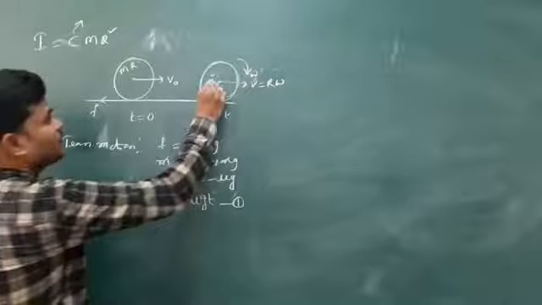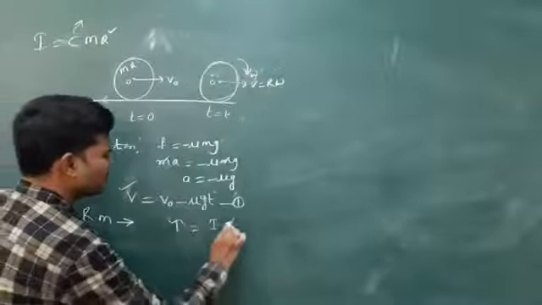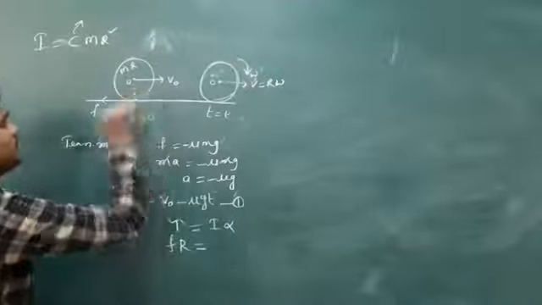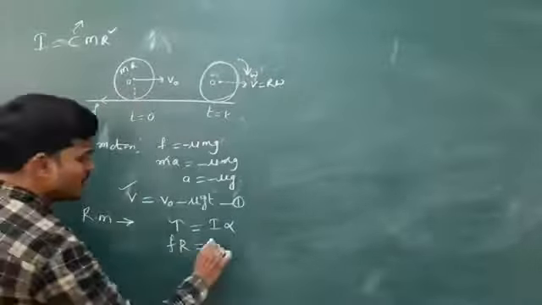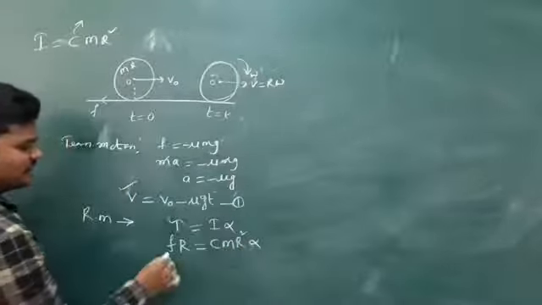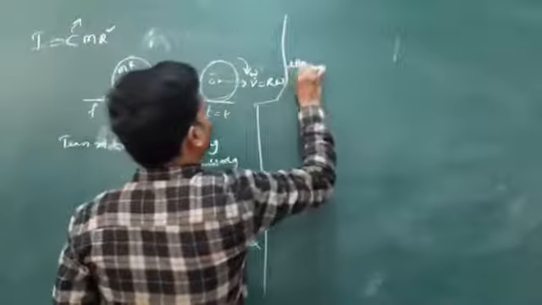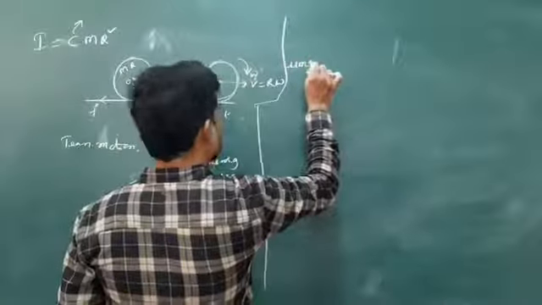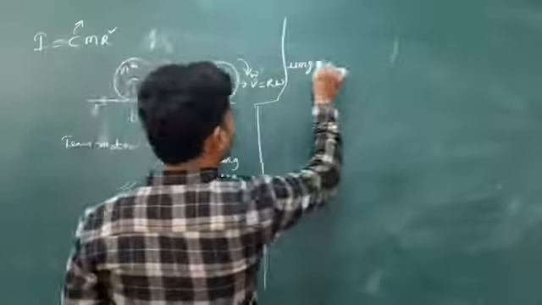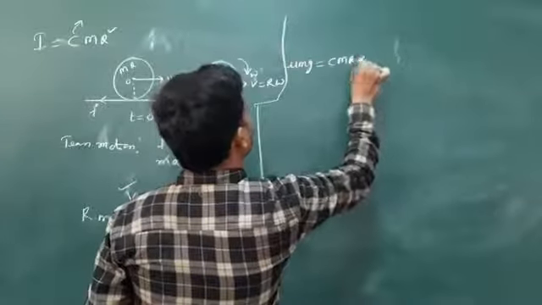Take the torque about the point. So taking torque about O, torque we can write as I into alpha, tau is nothing but frictional force into radius. About this point O, I is, according to the given question, CMR squared times alpha, and this F you can write as mu mg, times r. The r you can strike off, so mu mg equals C m r alpha.